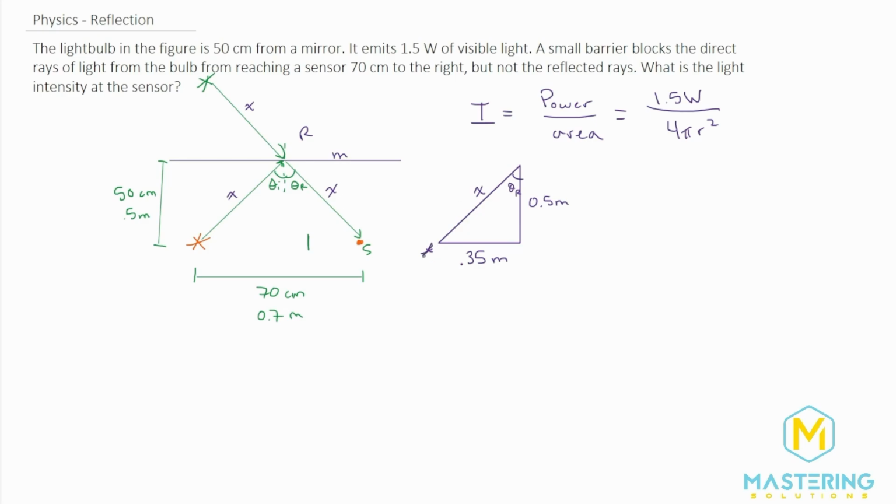Now we can use Pythagorean's theorem to figure out what x is, and that's a squared plus b squared is equal to c squared. We're trying to solve for the hypotenuse, which is c. So c, or we'll say x, is equal to the square root of a, which will be 0.5 squared, plus b, which we'll say is 0.35 meters squared.